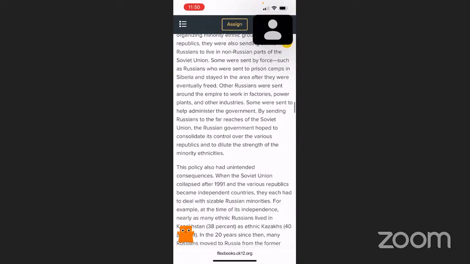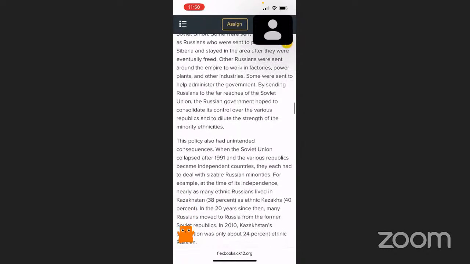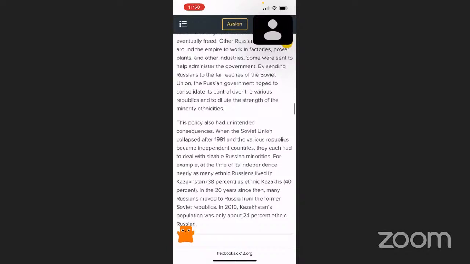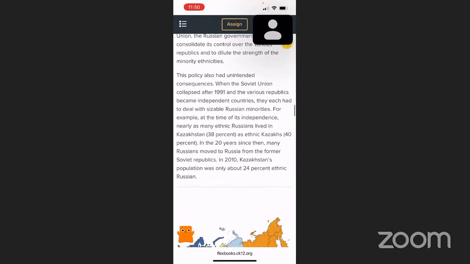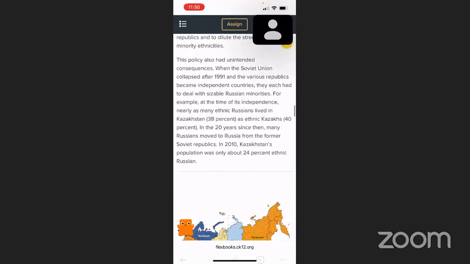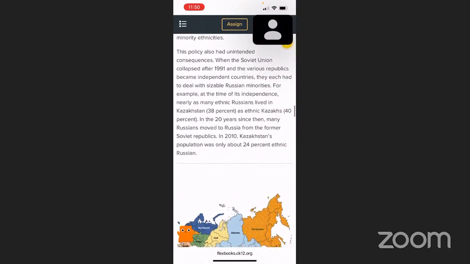Other Russians were sent around the empire to work in factories, plants, and other industries. Some were sent to help administer the government. By sending Russians to the far reaches of the Soviet Union, the Russian government hoped to consolidate its control over the various republics and dilute the strength of the minority ethnicities. This policy also had unintended consequences.